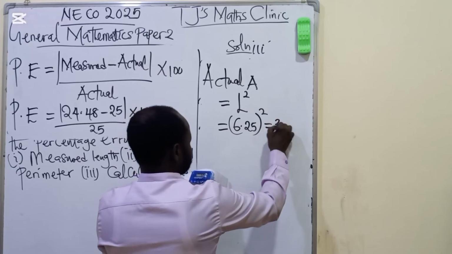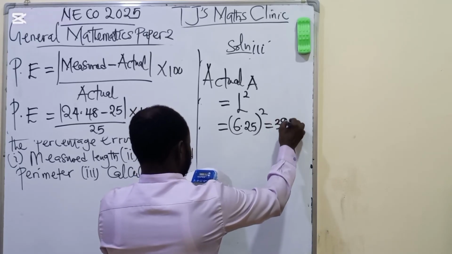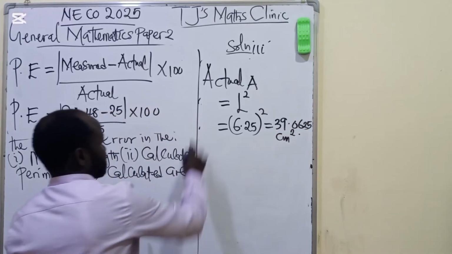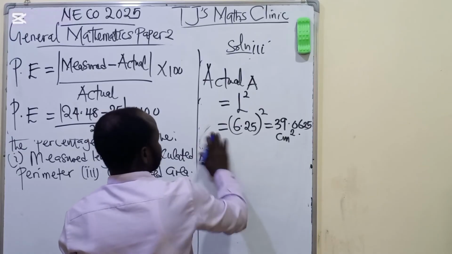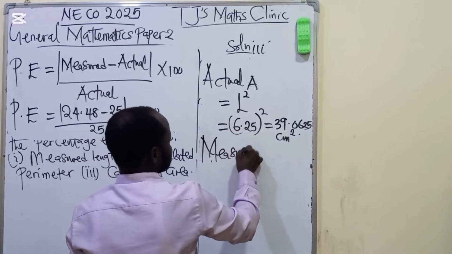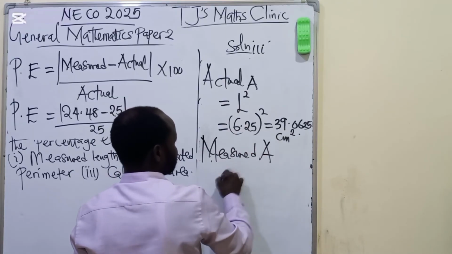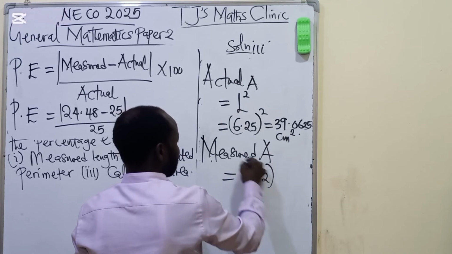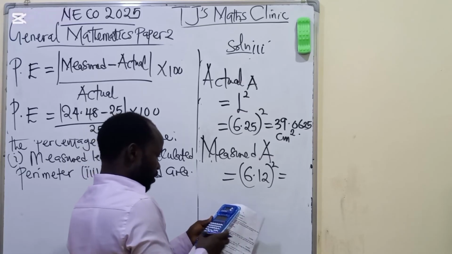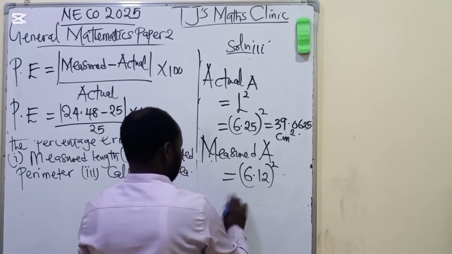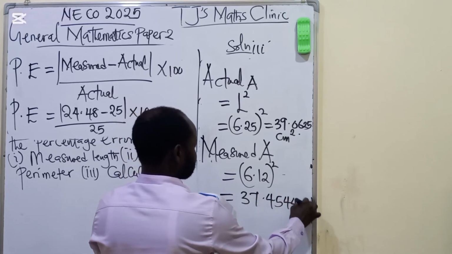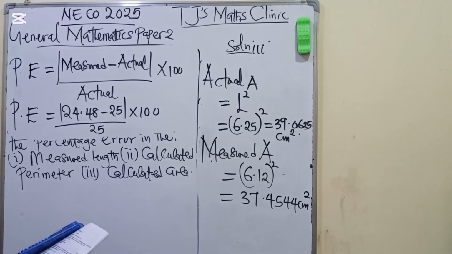We'll have 39.0625 centimeter squared. Then the measured area A will be 6.12 squared. We have 37.4544 centimeter squared.